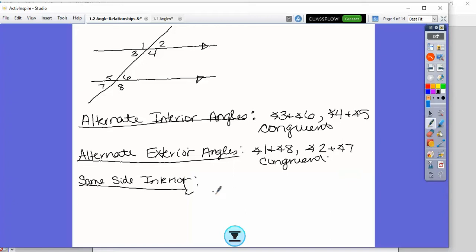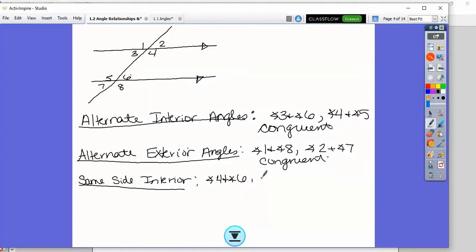They can be referred to either way. It's the same thing. So interior means inside the parallel lines. Same side or consecutive means they're on the same side of the transversal. So what would that be? Give me a set. 4 and 8. 4 and, interior is inside the parallel line, so it would have to be 4 and 6.